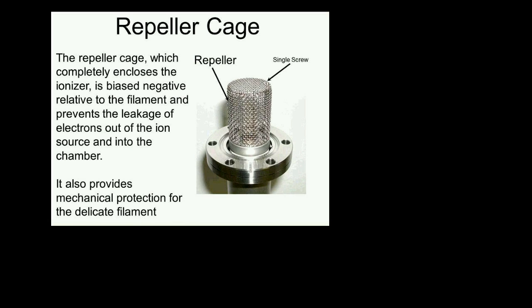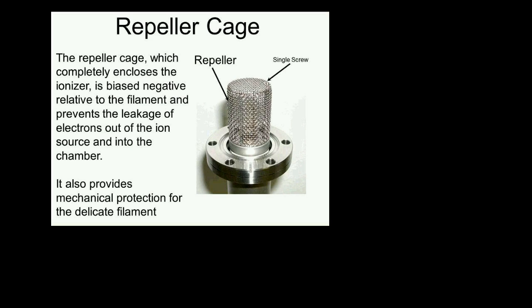So having the repeller in place, if you can use it, use it. If it won't fit in your device, or if you need to take it out because you want to bring a molecular beam right into the ionizer and so on, you can take it out. You're just going to have to be very careful with the filament when you mount the device, that you don't crush it, or the anode grid as well.